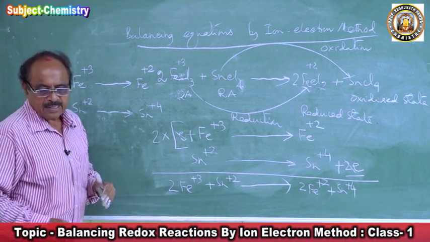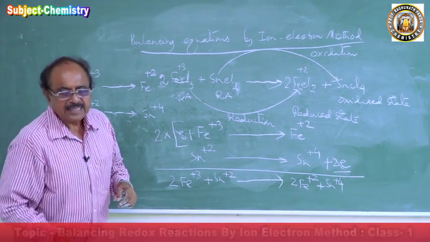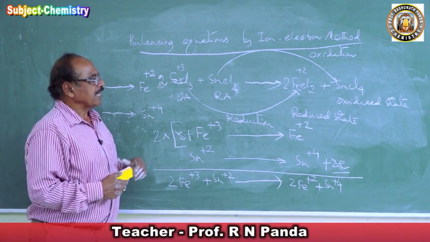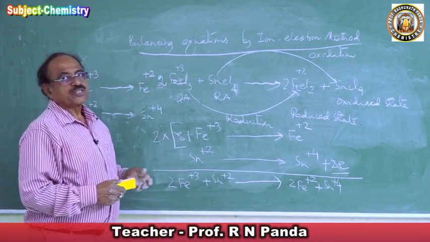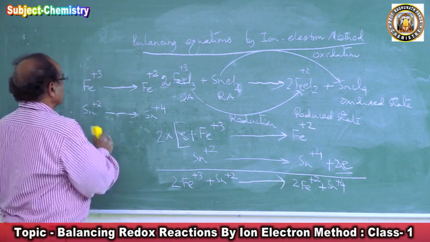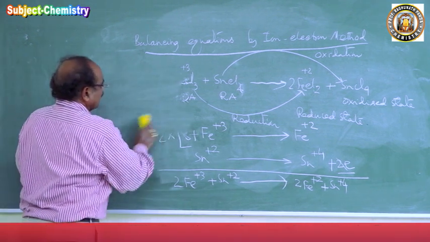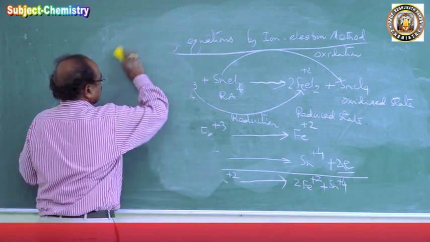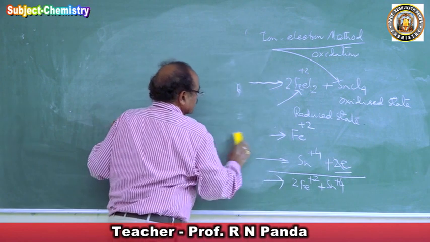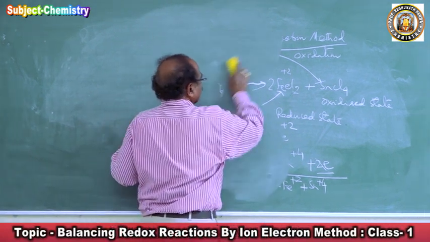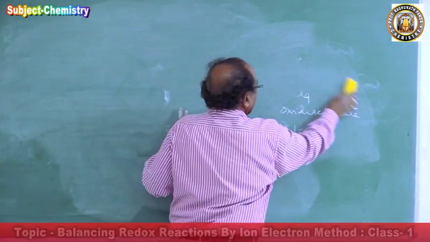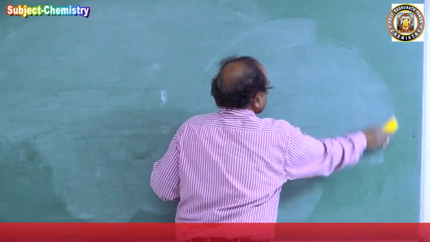Now we'll make certain rules for balancing these equations by the ion electron method. We will take some principles for balancing redox reactions by the ion electron method. We have to first take some rules and follow them. They are very simple rules, and by them we can explain this.